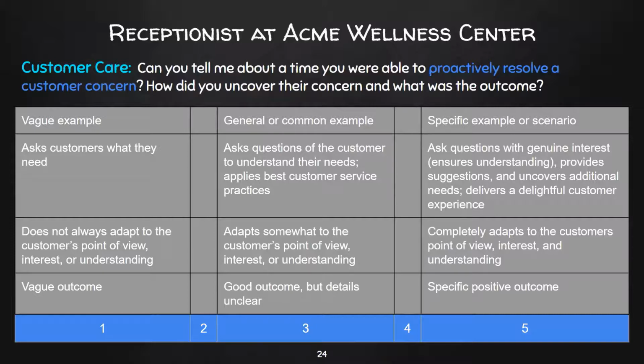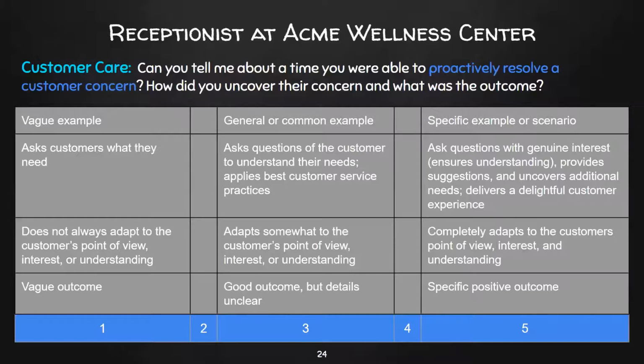And so if we go to the higher level, they're asking questions to understand the customer needs and providing best customer service, minimum, right? That's what you expect. Now to go to a 5, it's ask questions with genuine interest, and ensures understanding. That's how they relay the interest. So they're getting a real good understanding of the customer's needs. I do want to point out that the applicant's not going to just share that with you.